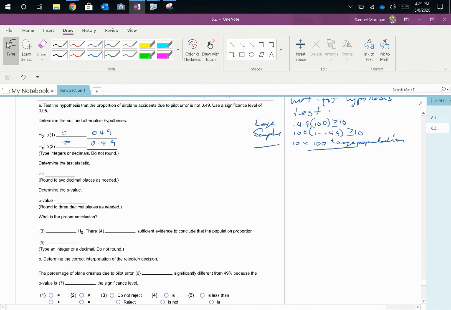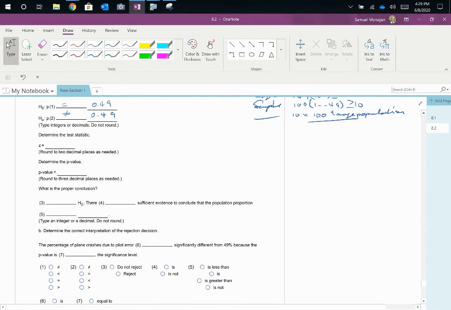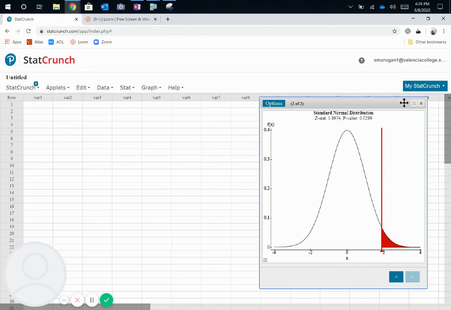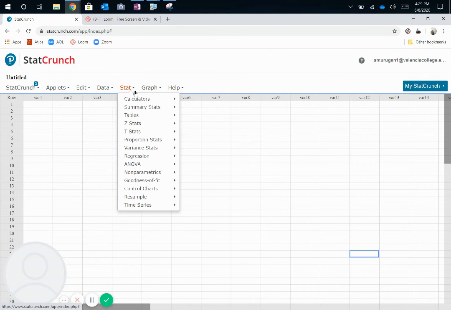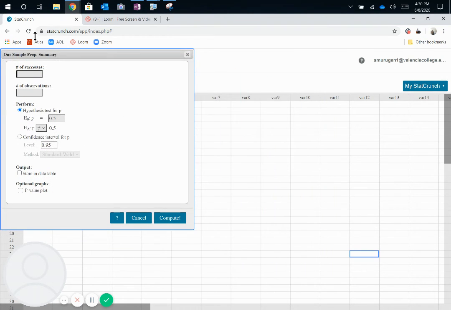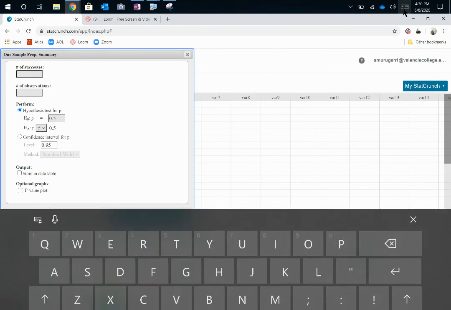So we want to compute the Z statistic. For this, we're going to again use StatCrunch. So 61 out of 100. Let's go to our StatCrunch program. So we want to clear this. I'm going to start this from scratch again. So stat, proportion stats, one sample with summary. And we're going to go ahead and type in our numbers.